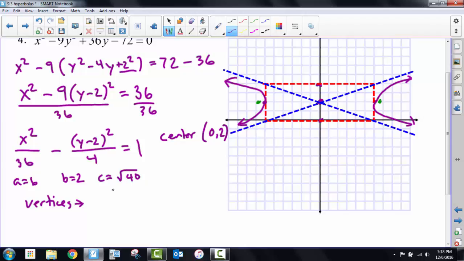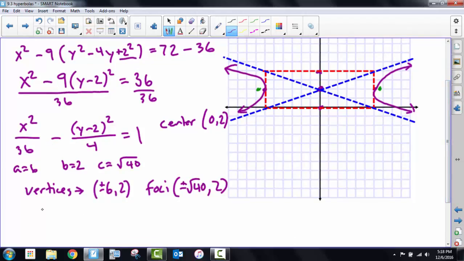We go left and right 6 spaces, so we're going to do plus or minus 6 comma 2. The foci, we go right from 0 to exactly square root of 40, so it's plus or minus square root of 40. Again, if you want to be fancy with stuff, you can make it 2 square root of 10. That's probably a more preferred answer, but I don't know, I just like approximating non-simplified radicals if I have to choose.